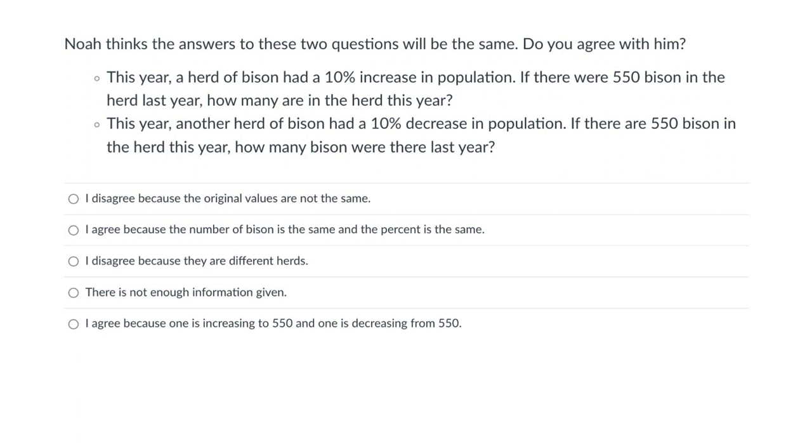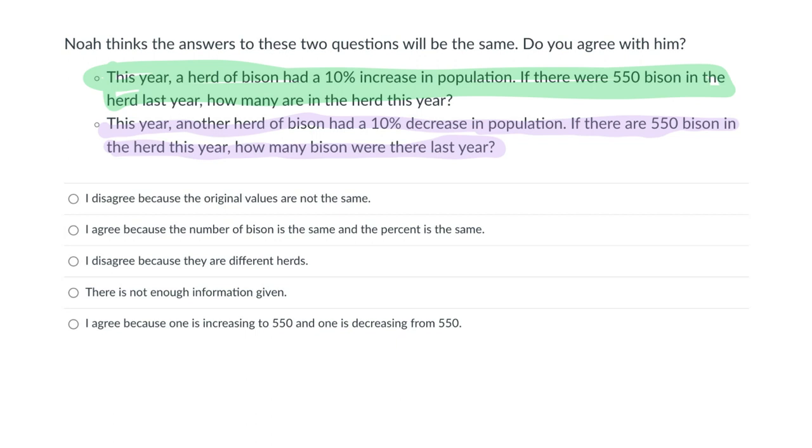So there's our first question. Then the other one was that this year, another herd had a 10% decrease in population. If there are 550 bison in the herd this year, how many bison were there last year?